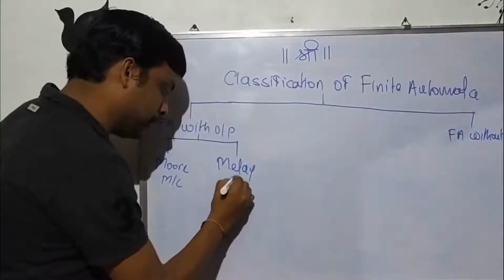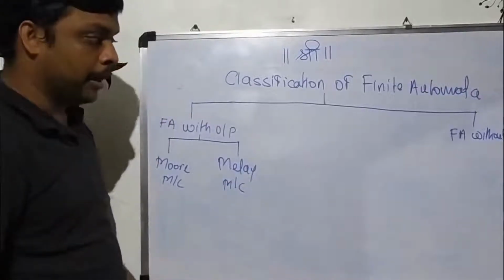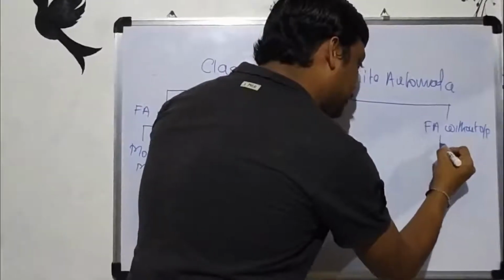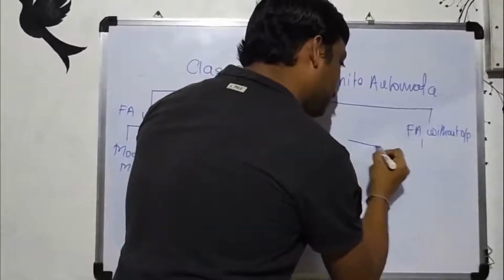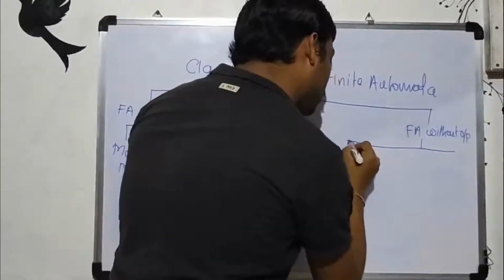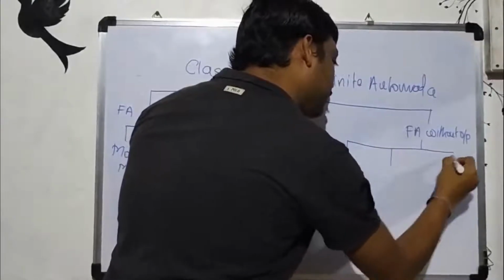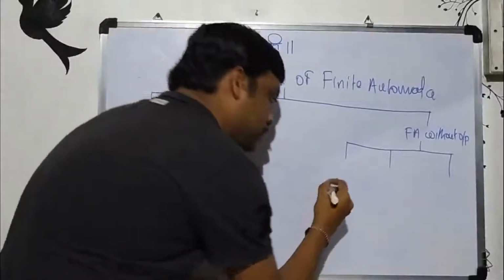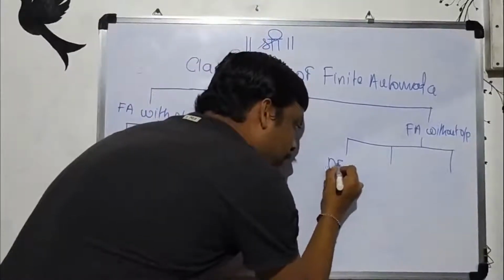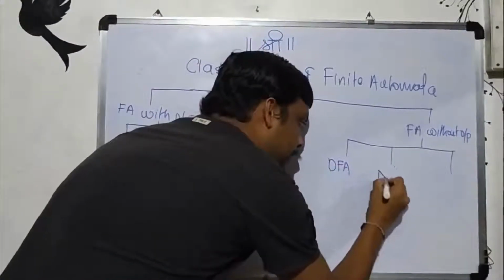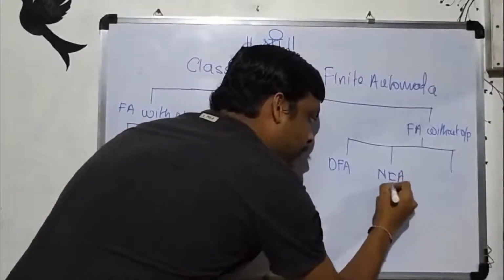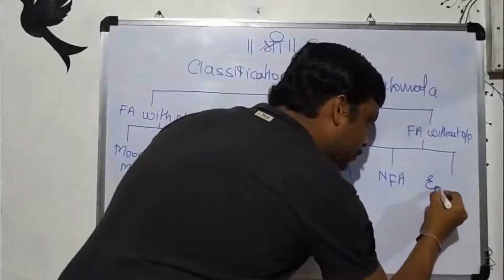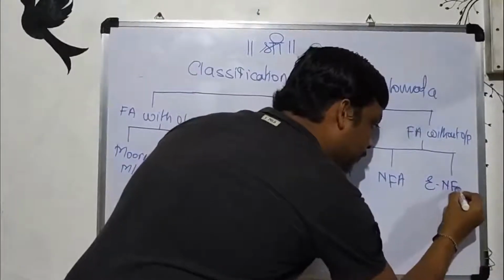As far as finite automata without output is concerned, it is further divided into three different types. First type is DFA, second type is NFA, and last type is epsilon NFA.